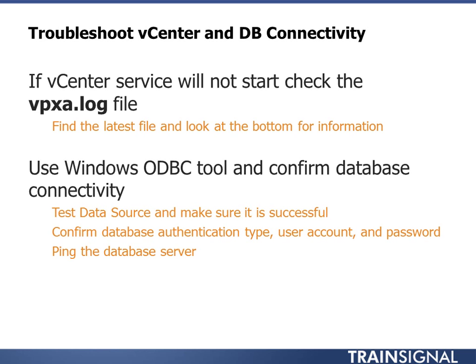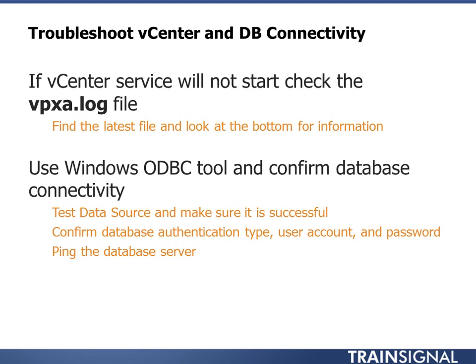Also, I highly suggest you check database connectivity. Now, usually if this is a problem in the vpxd log, it's going to tell you timeout talking to database, or can't find database, or something in there about ODBC SQL in your database name. So it's at least a hint. Then I'm going to tell you to open up your ODBC tool and just test the data source. You'll need to make sure you type in the right authentication if you use Windows-based or SQL-based authentication.